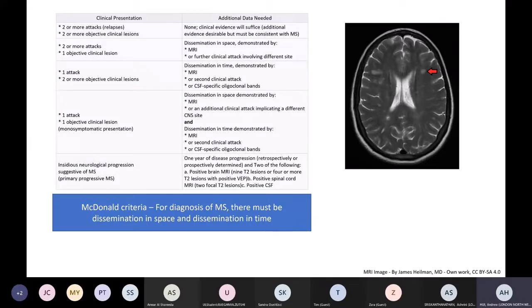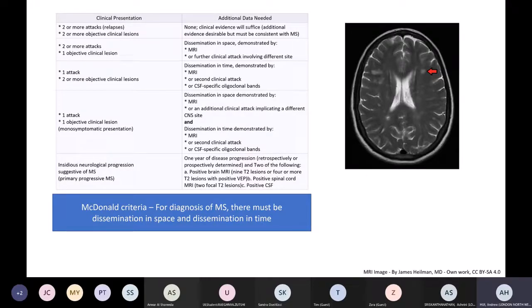The diagnosis is made by the McDonald criteria, which essentially point out that to make a diagnosis we want dissemination in space and dissemination in time. So dissemination in space means, if we take an MRI, as this lovely T2 weighted scan shows, are there multiple areas containing these bright plaques of demyelination?